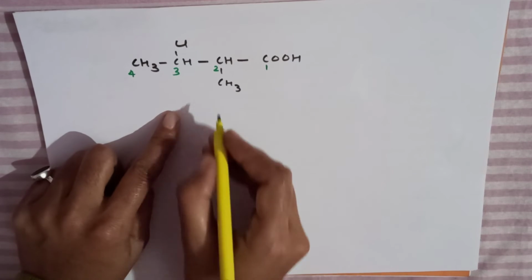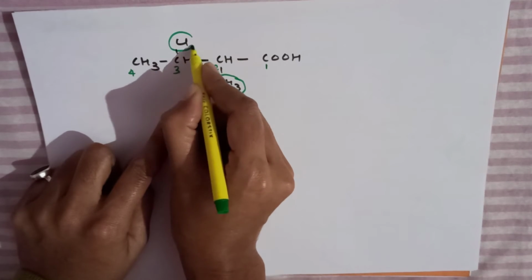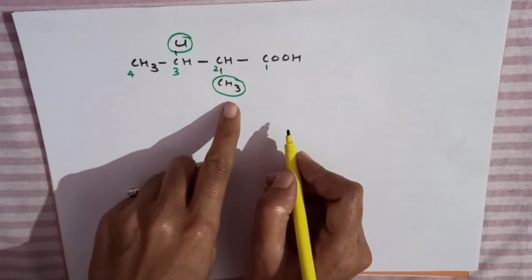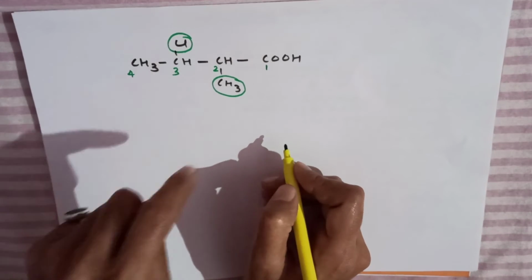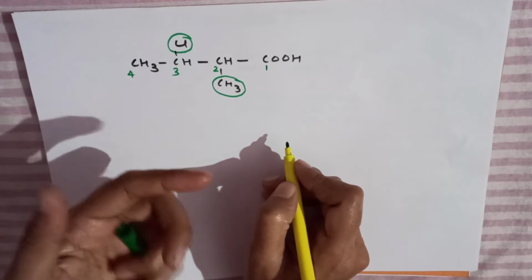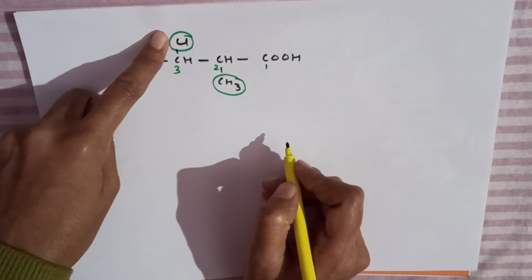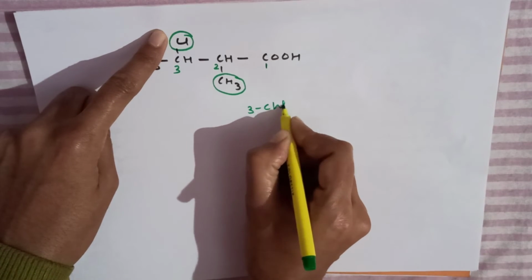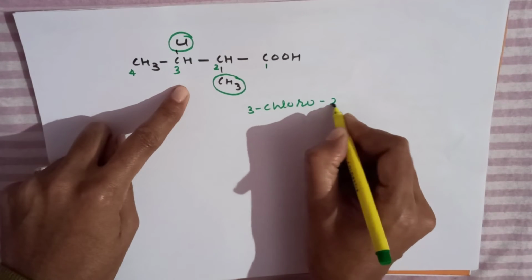Now see, two substituent groups. This is a side chain and this is a substituent group. Okay, so at carbon number 2 a methyl group is attached. At carbon number 3 a chloro group is attached. If we see alphabetically, M comes after C. So I will write 3-chloro, 2-methyl.